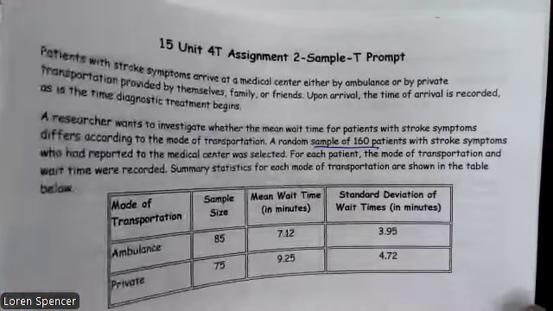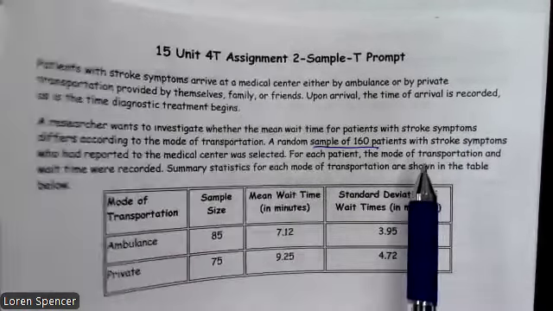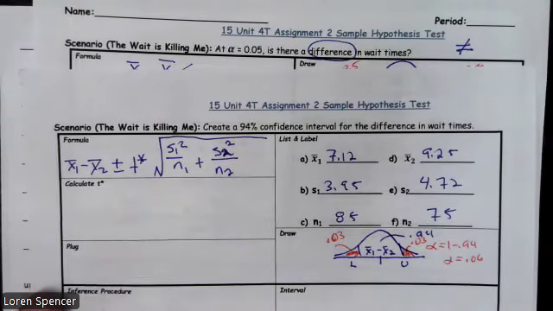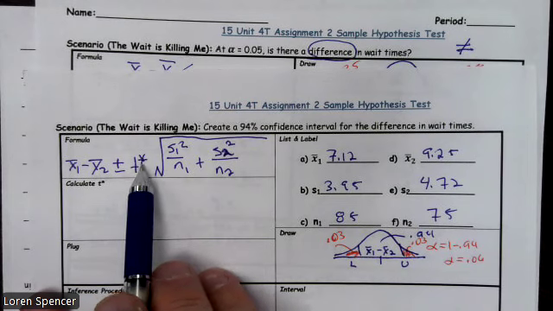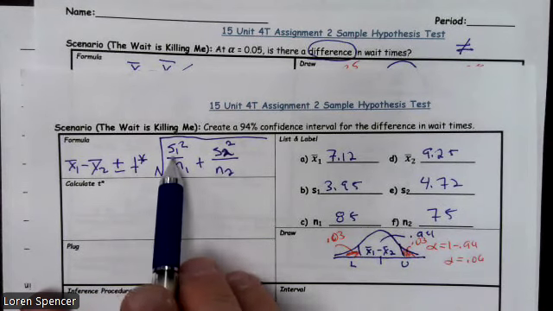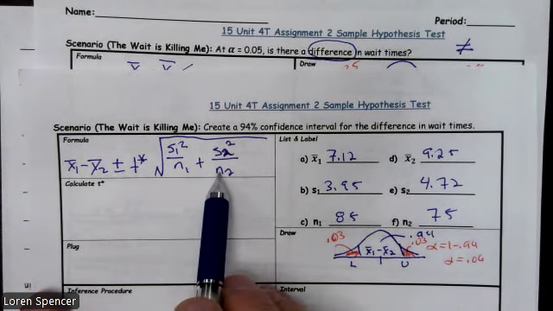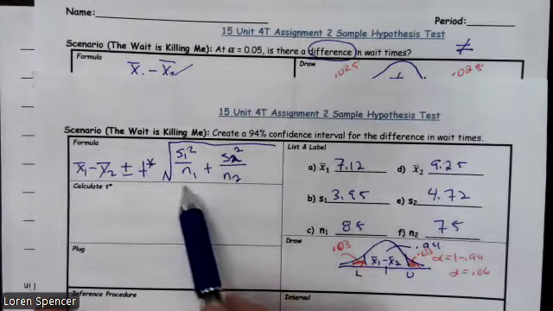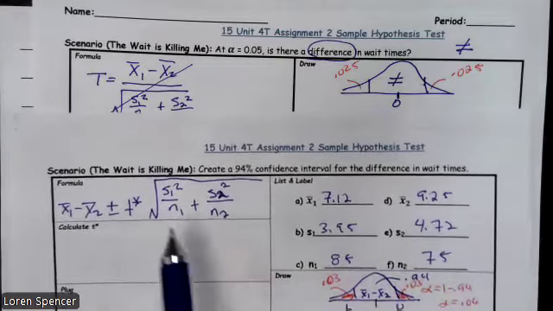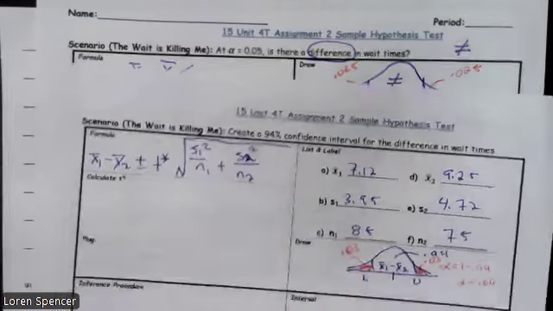All right, so we need to create a 94% confidence interval. And this is our formula: x bar 1 minus x bar 2, plus or minus t star times the square root of s1 squared over n1 plus s2 squared over n2. By the way, this part is the same as the denominator for the hypothesis test.